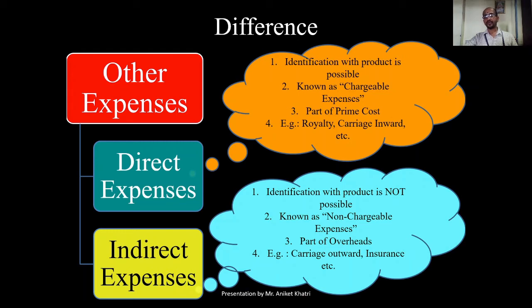Another very important distinction is that all direct expenses are part of prime cost, whereas indirect expenses are part of overheads. Examples of direct expenses are royalty, carriage inward, etc. And examples of indirect expenses are carriage outward, insurance, etc.